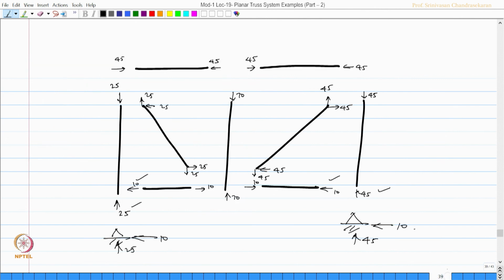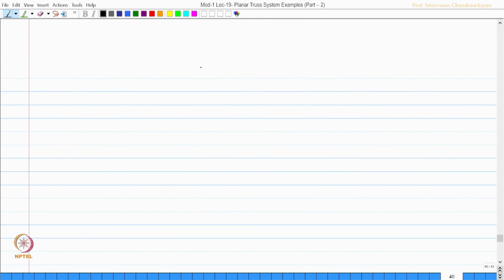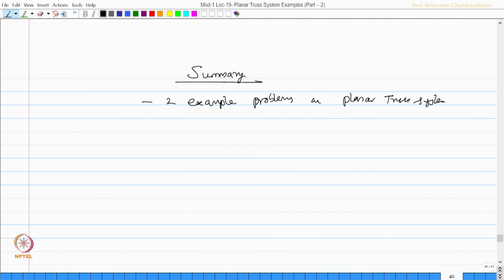So, friends, we now write down the summary. We solved 2 example problems on planar truss systems. We have used the computer codes to solve the problem.